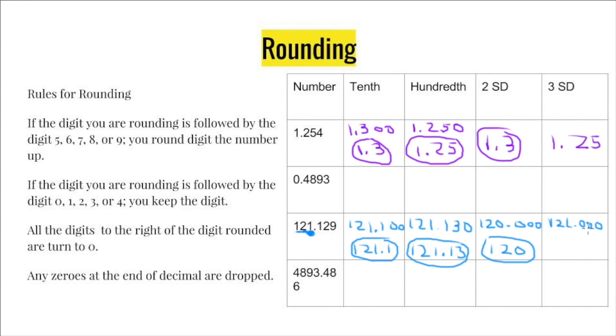When we look at this, the zeros get dropped, and we can simply say that 121.129 rounded to 3 significant digits is 121. Now, pause the video and try to finish the remainder of this on your own, and then unpause it and check your answers.